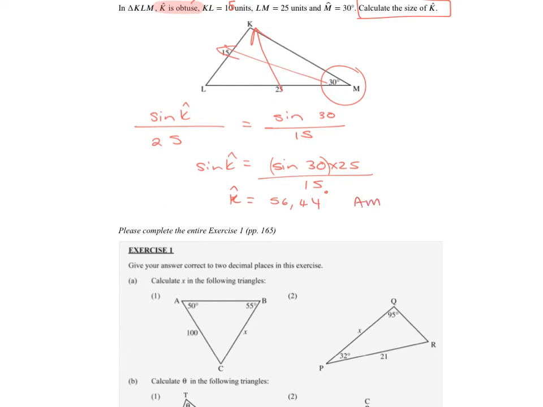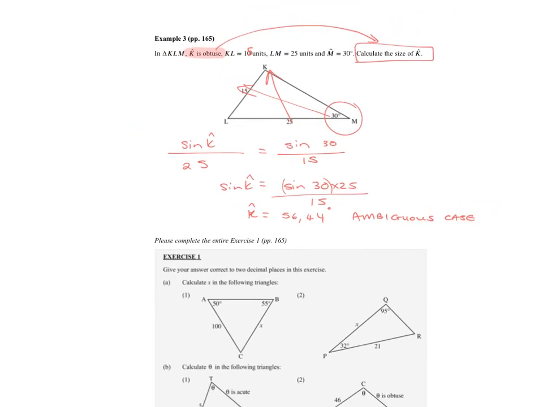Now, this is something that's covered in an additional video called the Ambiguous Case. This is an ambiguous case because diagrams can be drawn very differently. So in this case, we could have had K drawn very acutely where this could be definitely 56.44. That could still be 30. So the diagram can sometimes be misleading. That's why they had to tell us very specifically that it was obtuse.